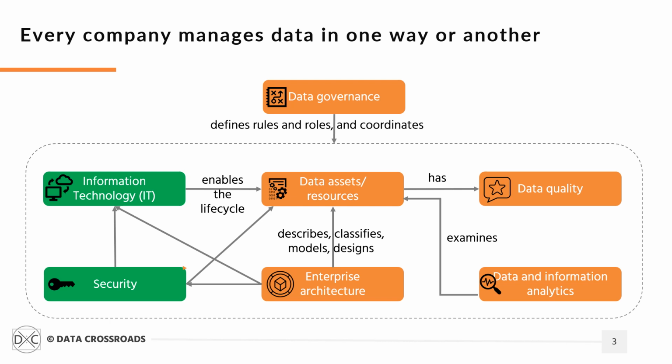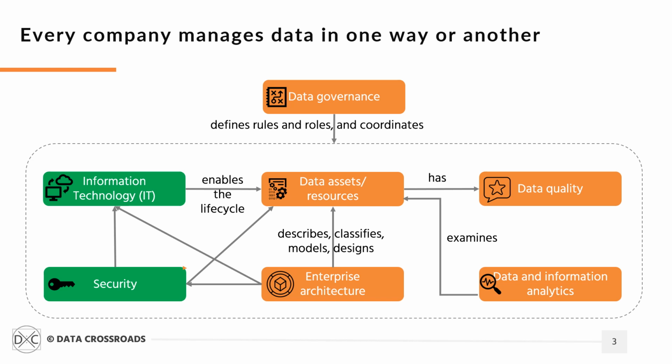management, and data quality. Each company has an information technology function. In any case, information technology enables the life cycle of data assets. Enterprise architecture also describes, classifies, models, and designs information technology. IT implements the security function.